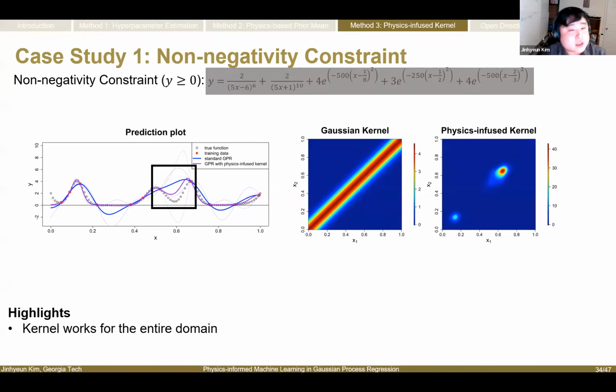And if we select the informative priming introduced in method 2, it may improve finding the true dynamics significantly. However, for the example shown in this case study for method 3, I only use the priming of 0.